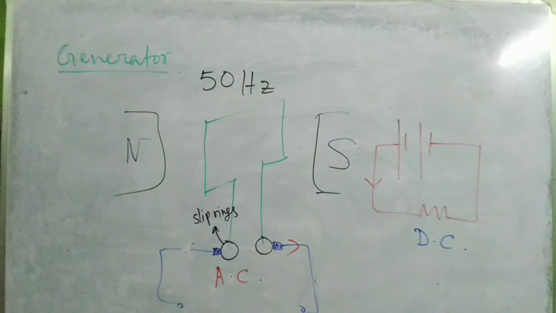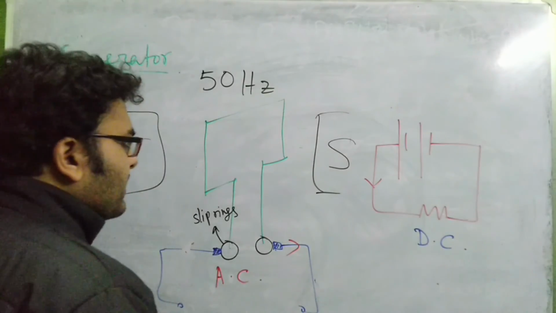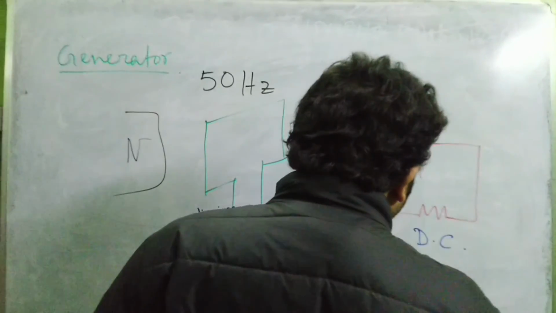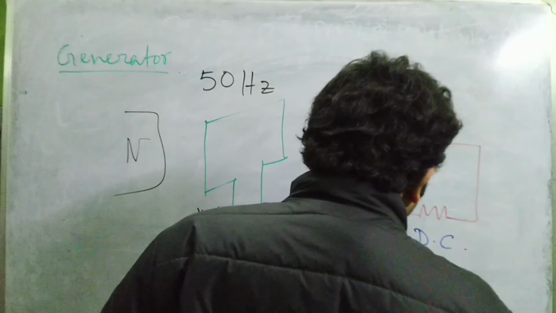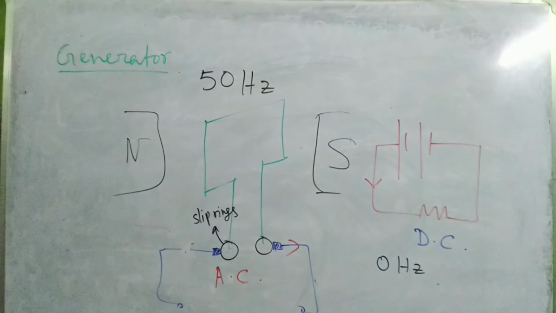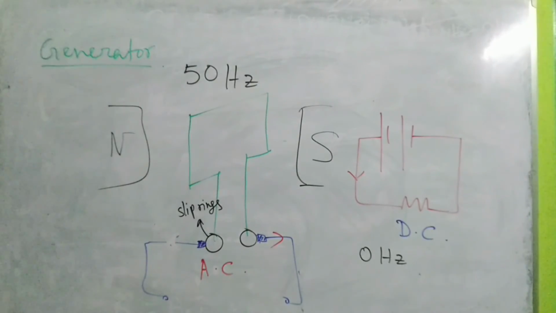It's hard to imagine that within 1 second this can change so many times. This is the frequency of the alternating current. Whereas the frequency of direct current is 0 Hertz, because in direct current the polarity is not reversing. So the concept of alternating current and direct current, I think, is clear.